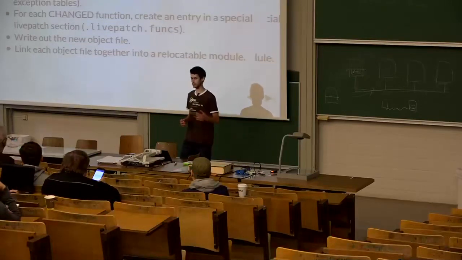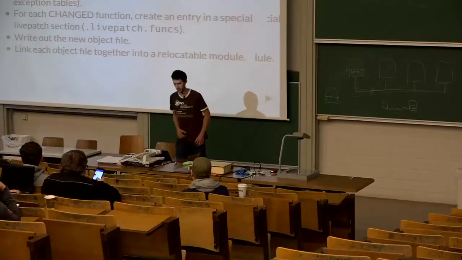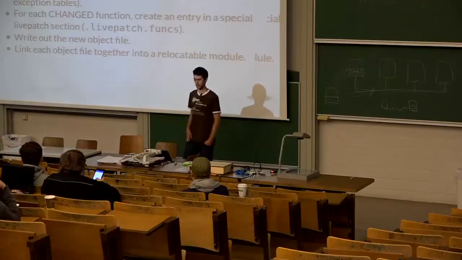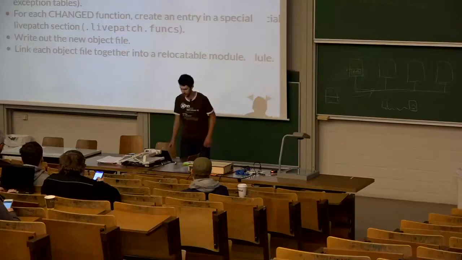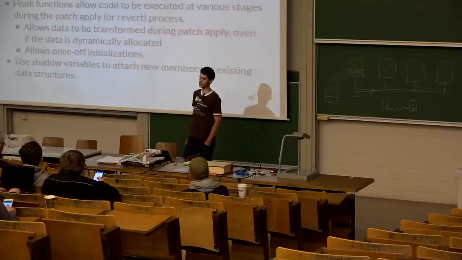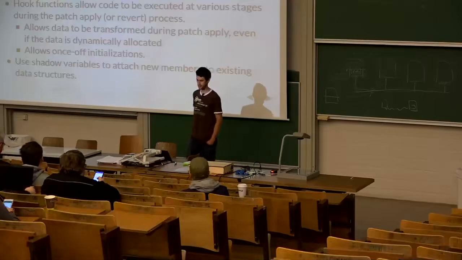So this is how it iterates through that list. We then write out an ELF file, and for each of those diff ELF files, we link them all together into a relocatable module, which kind of looks like a Linux kernel module, and that's what gets loaded into the hypervisor.